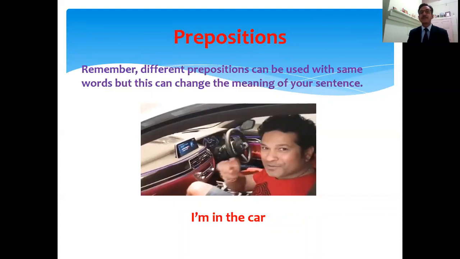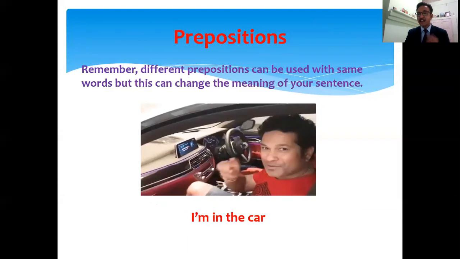Remember, different prepositions can be used with the same words, but this can change the meaning of your sentence. For example, I am in the car. Sachin Tendulkar is in the car.